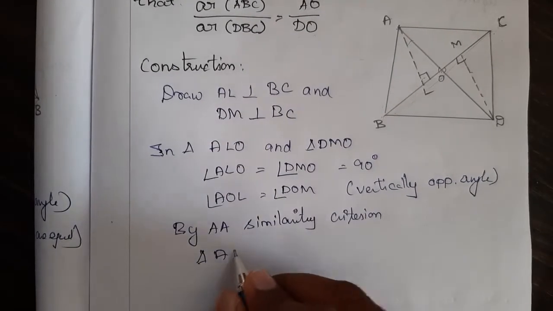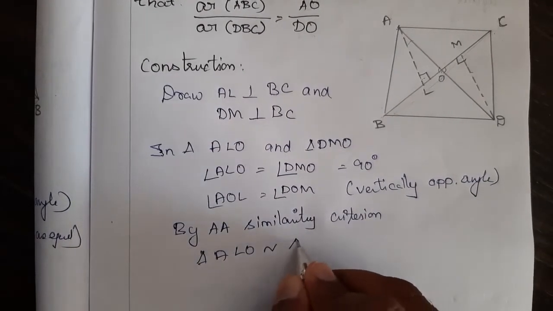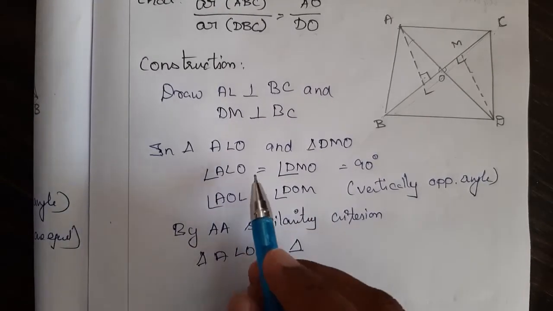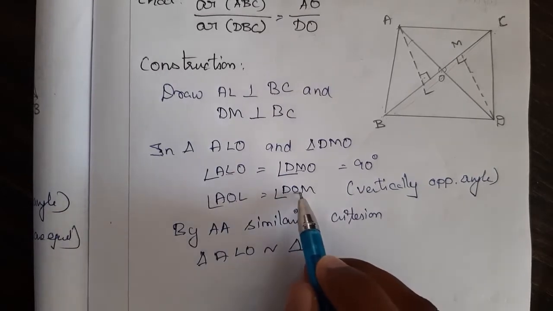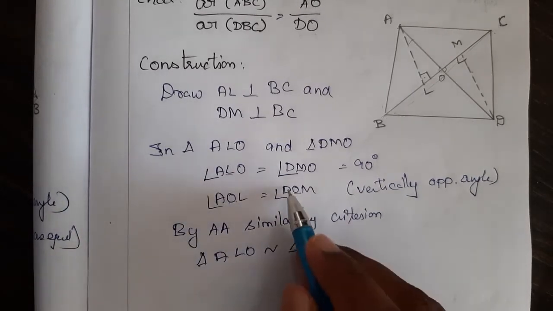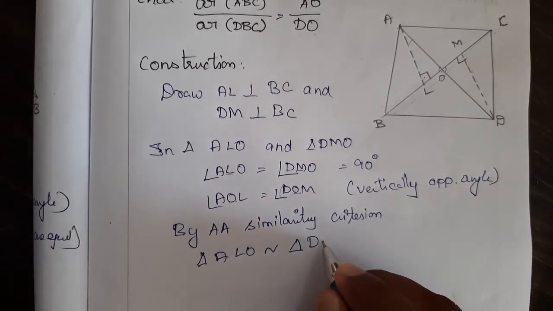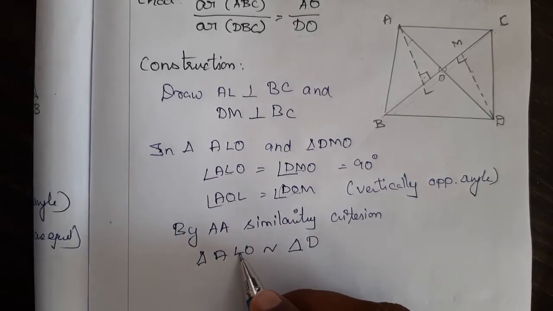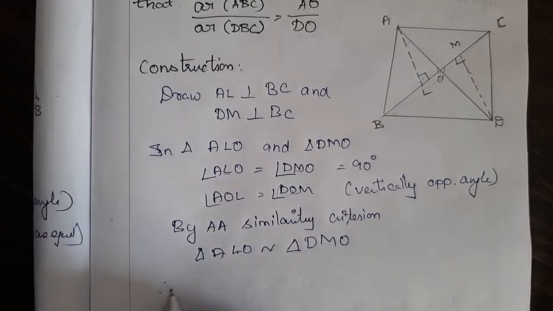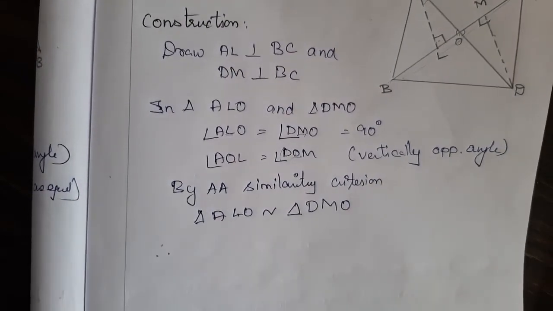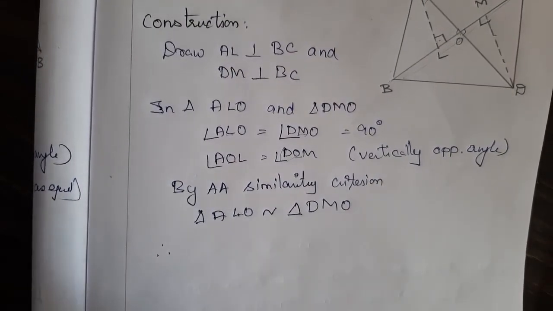triangle ALO is similar to triangle DMO, where L corresponds to M, O corresponds to O, and A corresponds to D. So if we have proved them similar, then the ratios will be the same, right?